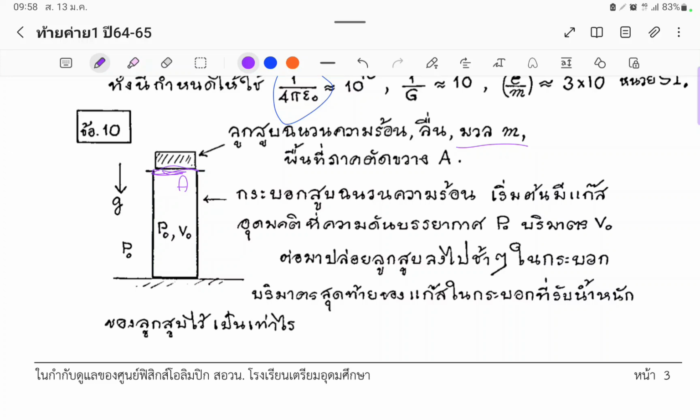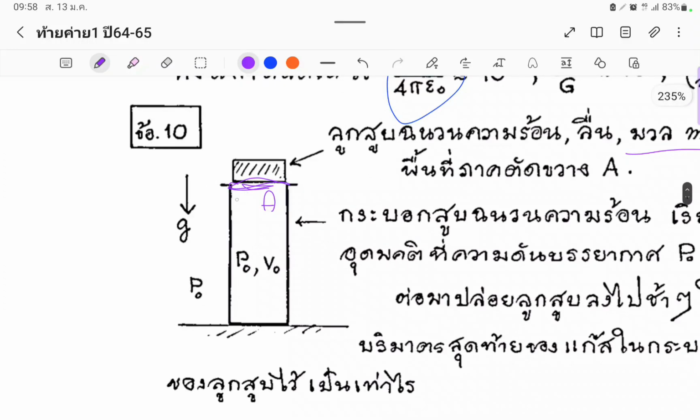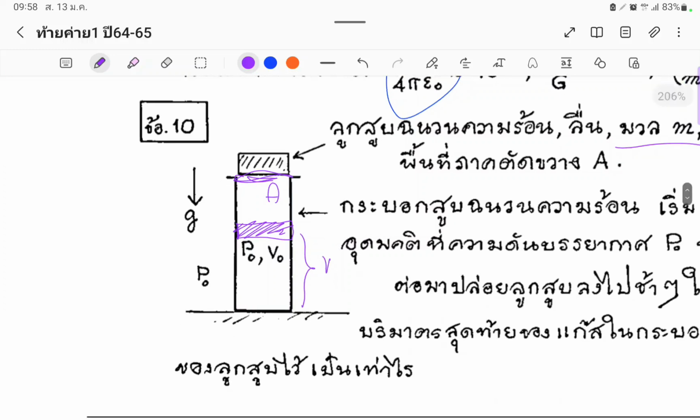At first we have an ideal gas, which has pressure P0 and volume V0, and then we just let the piston down slowly into this one, and what do we want to know? We want to know the V final. Yeah, at first it's going to be like this, and at the end it's going to be like this, and then we find whatever V that is.